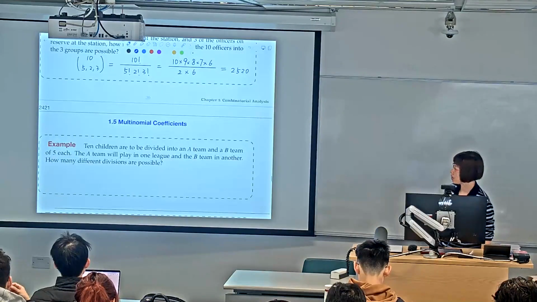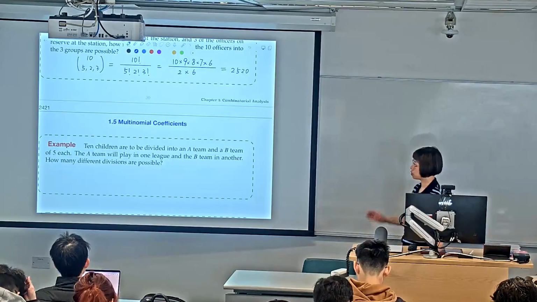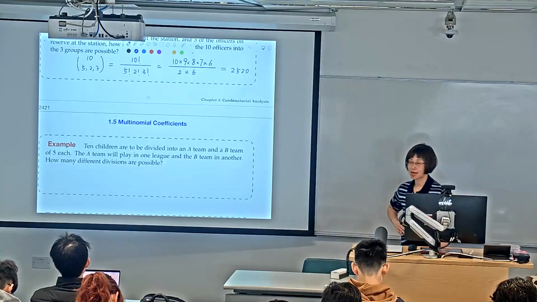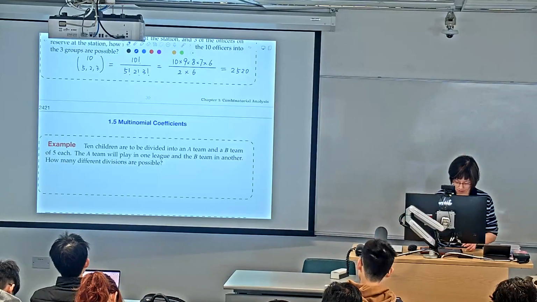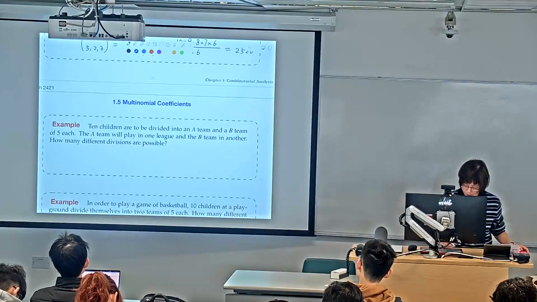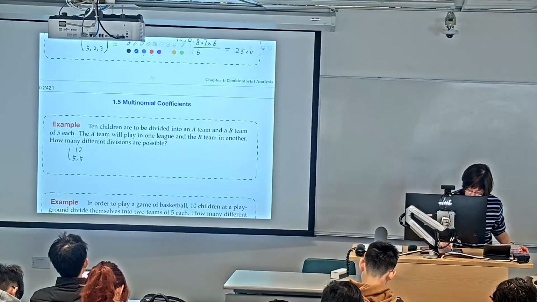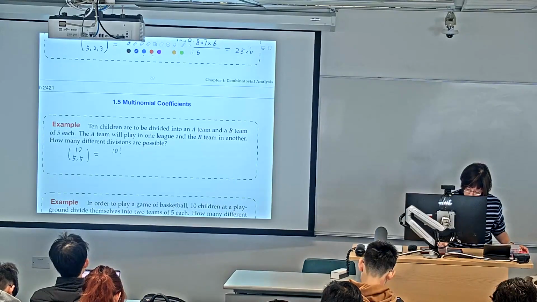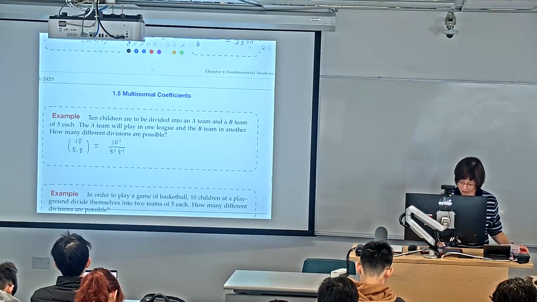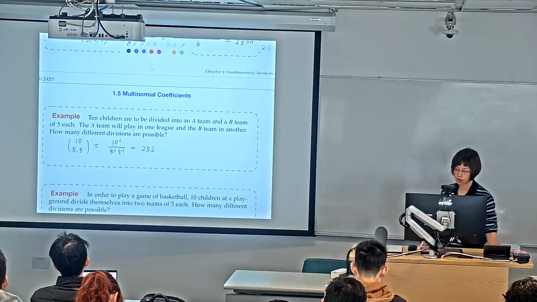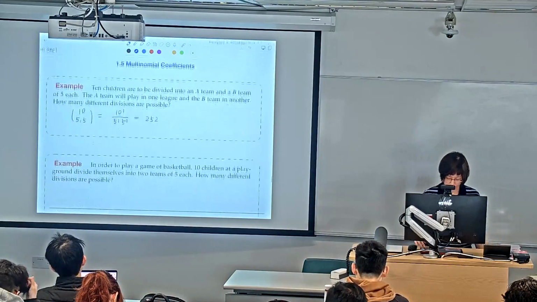So this is exactly dividing the 10 children into 2 distinct groups with labels A and B. The sizes are 5 each, so it's exactly 10 choose 5, 5. Then this is 10 factorial over 5 factorial times 5 factorial. You get 252 possible ways.